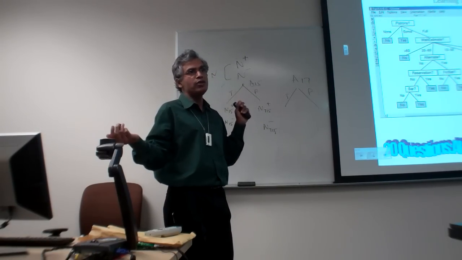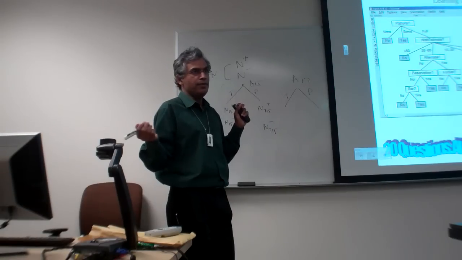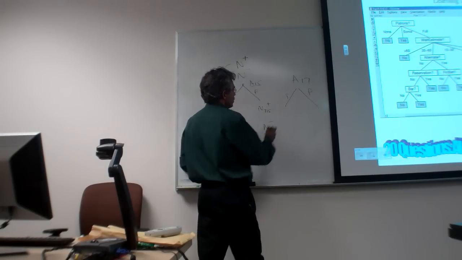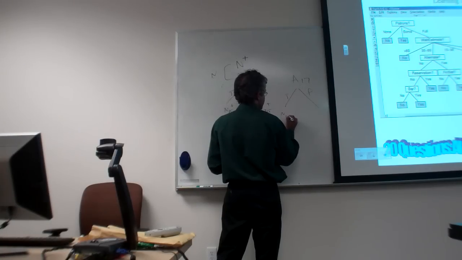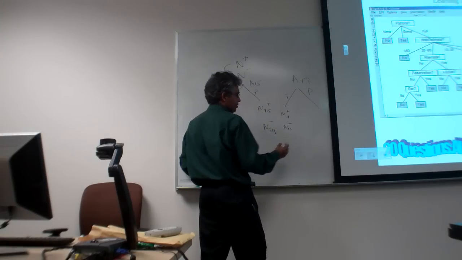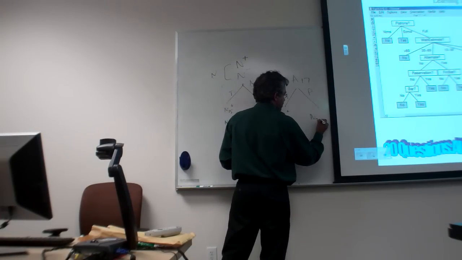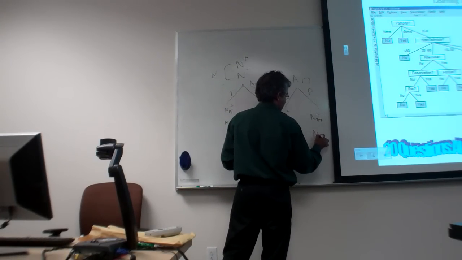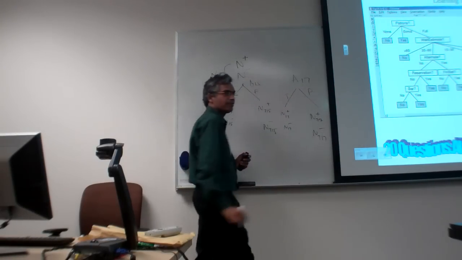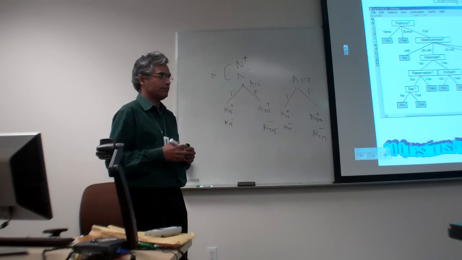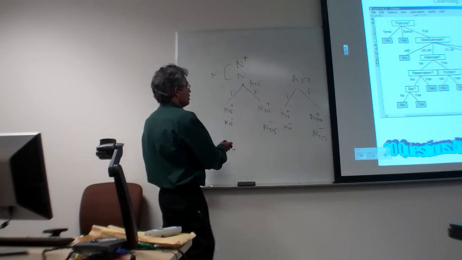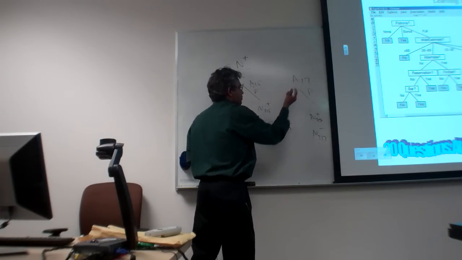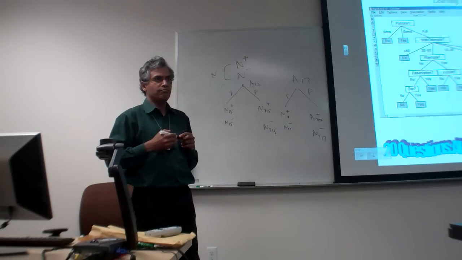It can be multi-valued attributes. But we'll look at Boolean right now. So in this case, this would be n17 plus, n17 minus, n not 17 plus, n not 17 minus. Now my question is, I can either ask this question or this question. Which one should I ask?